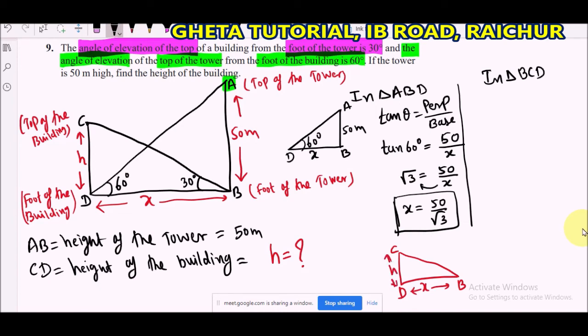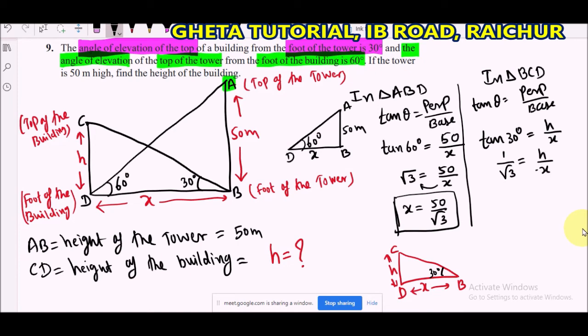Now in triangle BCD the angle is 30 degrees. Again tan theta is perpendicular by base. So theta is 30, tan 30 is equal to h by X. That is, 1 by root 3 equals h divided by X.